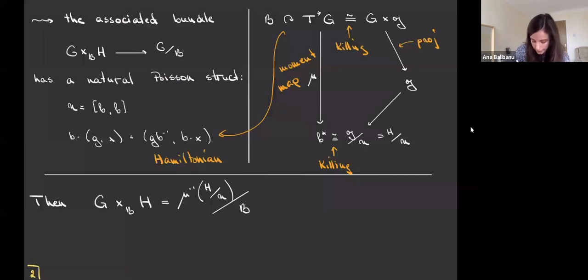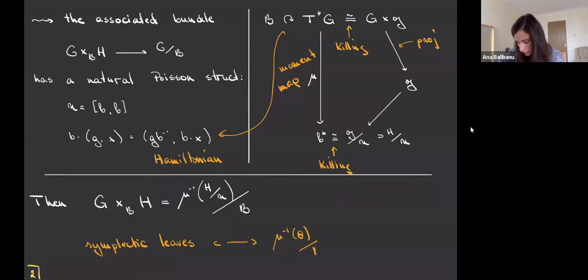So concretely, the symplectic leaves are in one-to-one correspondence with symplectic reductions at B-orbits in this quotient H mod 𝔫.